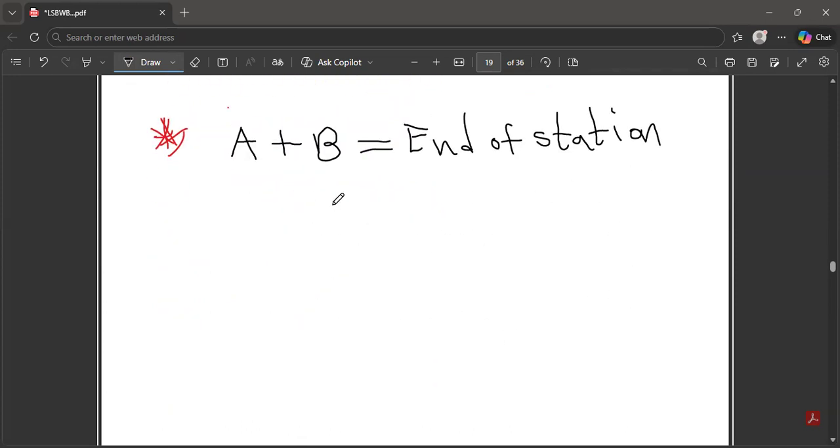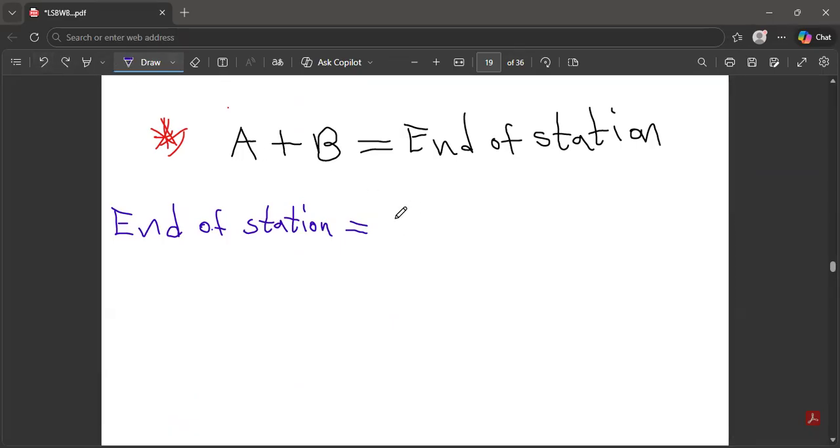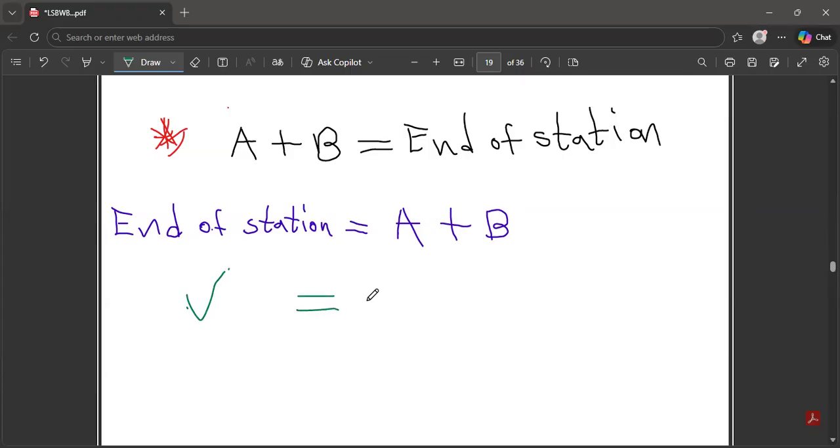So that idea, let's transfer that idea over here. If you transfer that idea over here, you realize that the end of the station is going to be equal to, let's say it's still A plus B, okay?